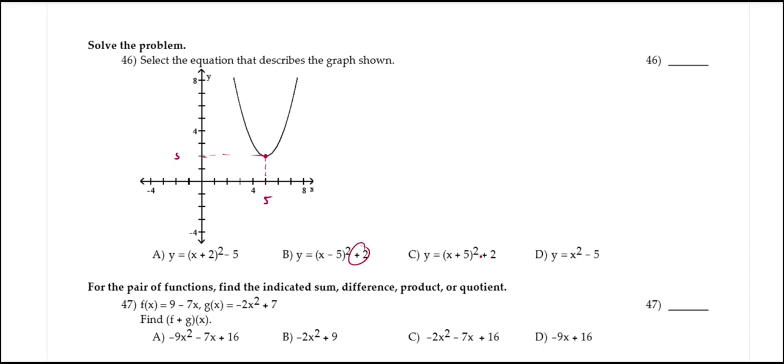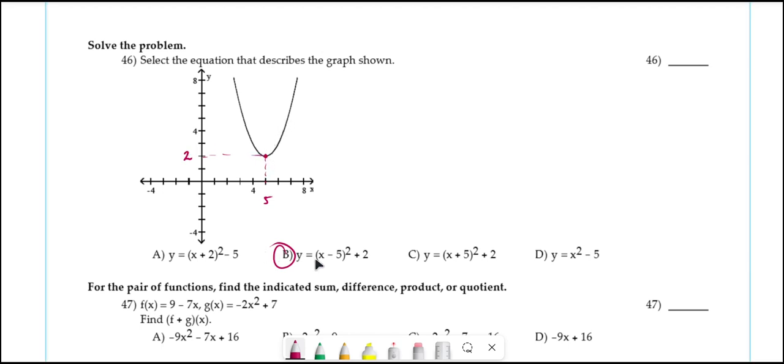That corresponds to these transformations. And it has been right shifted by 5. That's going to actually correspond to this -5 composed with x squared. So this is going to be the graph that we are looking for here. And we can get that just by noticing that 5 and that 2 at the vertex point. I would encourage you to go back to some of those transformation videos and brush up on your function transformations as part of your review.